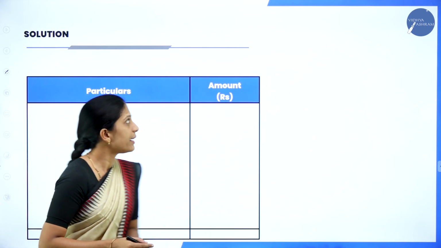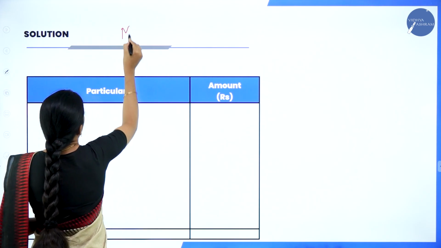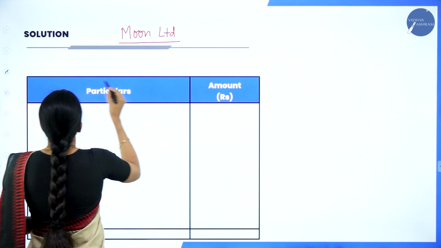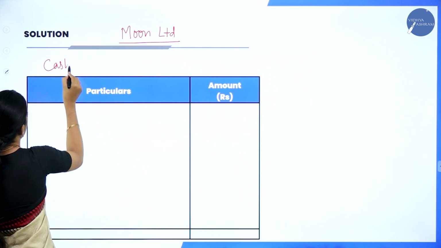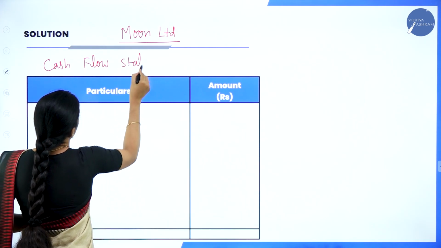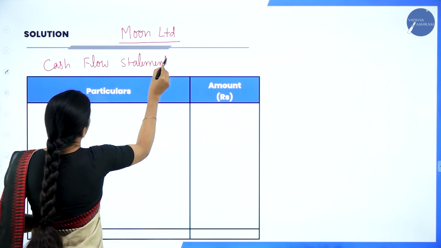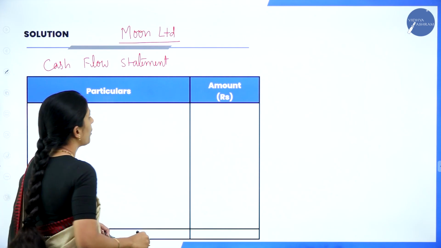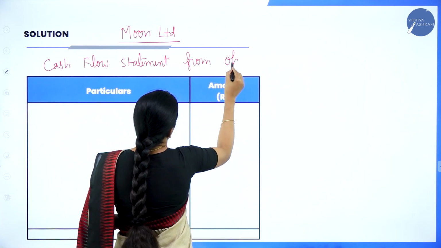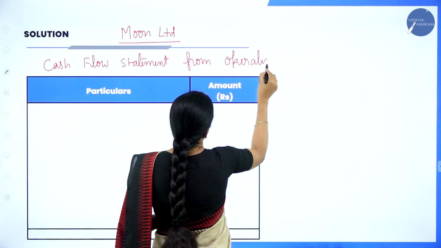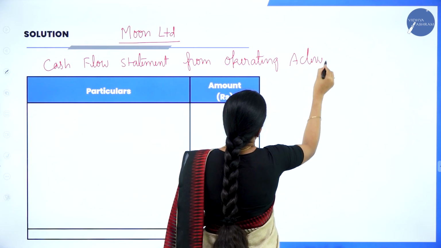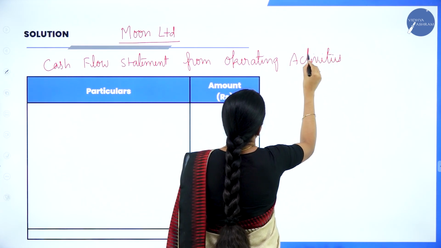So you have to write the heading Moon Limited, cash flow statement from operating activities. Or you can write cash flow statement for the year ending.